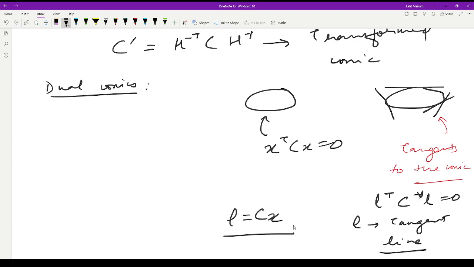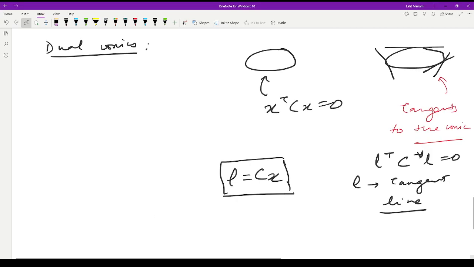So any tangent line is represented like this: L equals C into X, tangent to the conic C. Once we have this tangent line, and assuming that C is invertible, I just rewrite it here. L is what? So X will be C inverse L, right?